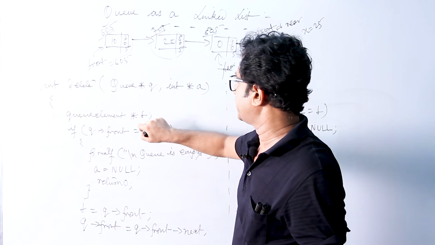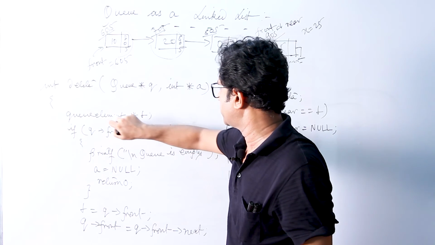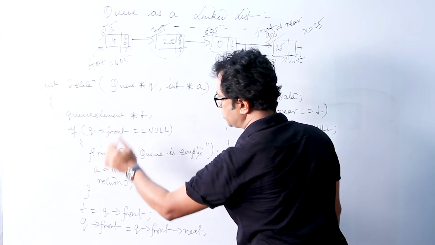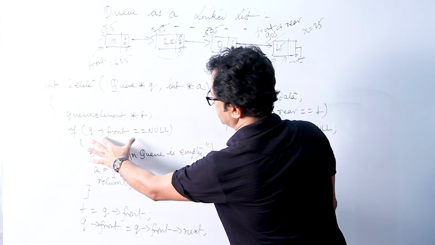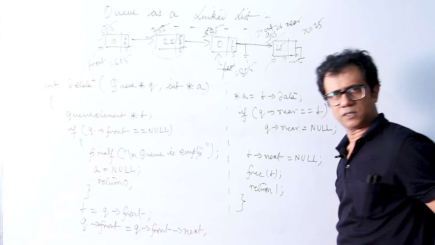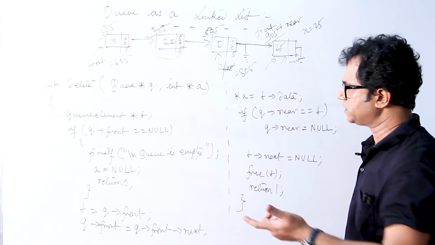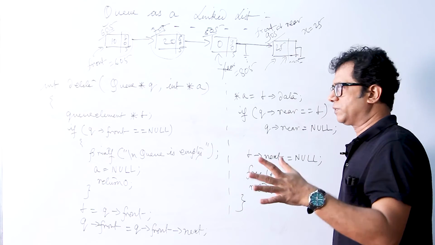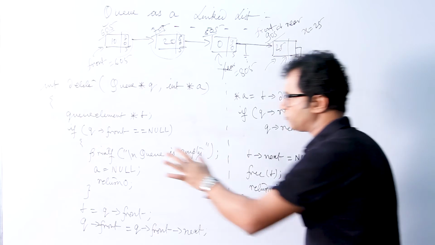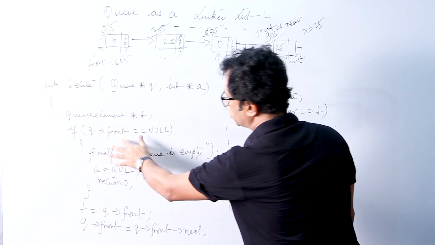We have taken a pointer t, which is a pointer to the queue element type of structure. If queue front equals null, this is the empty condition testing. If the queue is empty, then obviously the queue front will be equal to null.